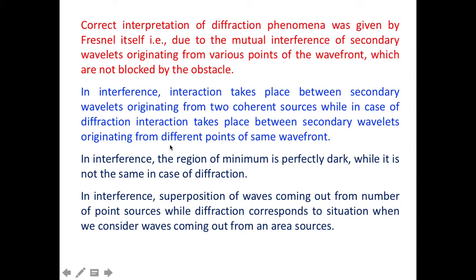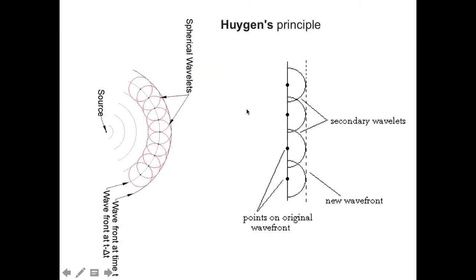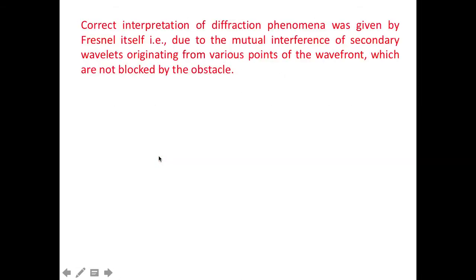While in the case of diffraction, interaction takes place between the secondary wavelets originating from different points of the same wavefront. But in interference, there are two coherent different sources, while here it is different points from the same wavefront.